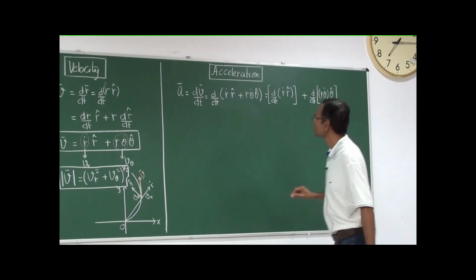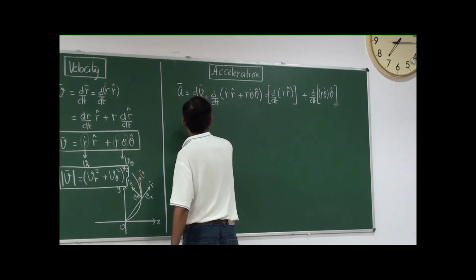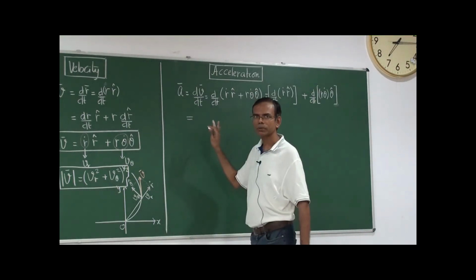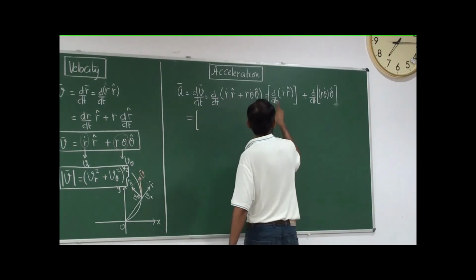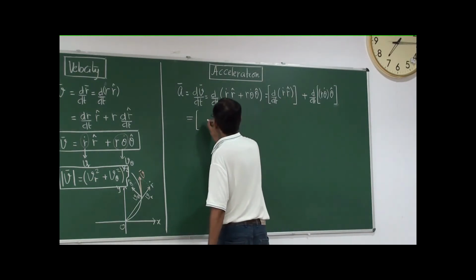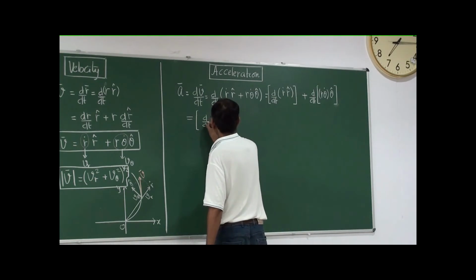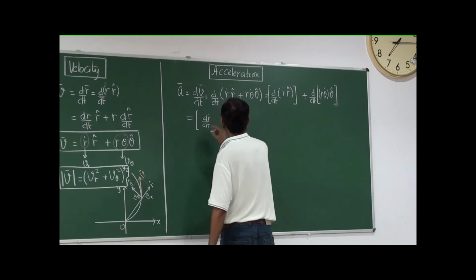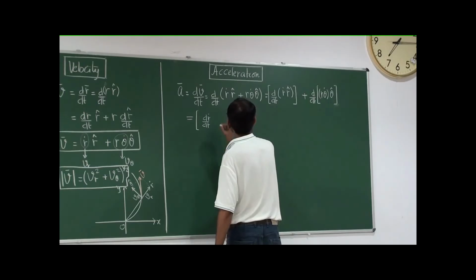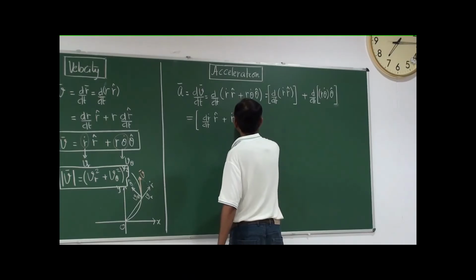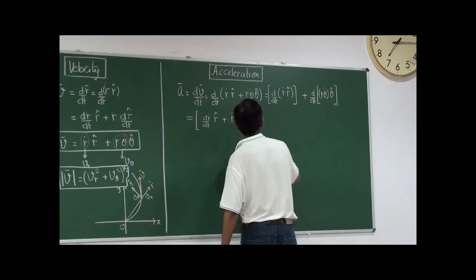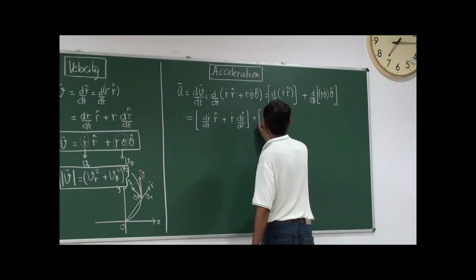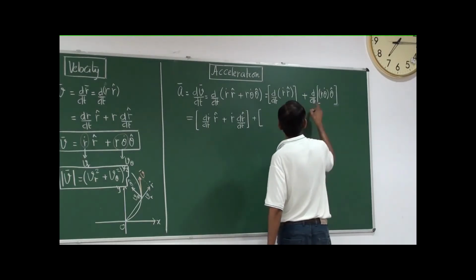Now let us write this one by one. All is algebra, but we have to be a little careful so that we don't make mistakes. d/dt of r dot r cap. So it is d/dt of dr dot/dt r cap plus r dot dr cap by dt. That is your first bracket closed. Plus second one, d/dt of r theta dot theta cap.